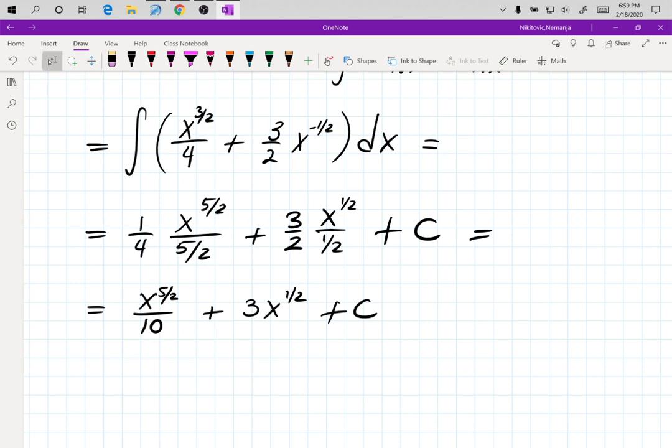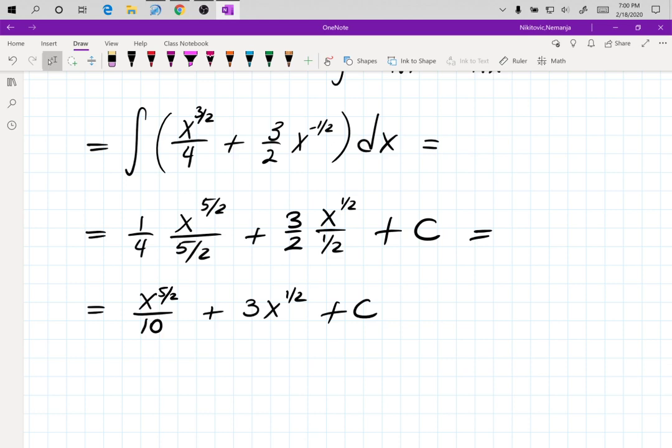You can make this prettier by factoring, if you so desire, because you can kick out x to the 1/2, right? And that would make this nicer as the answer. But you don't have to, right? That's if you want to be special, if you want to feel that you are better than others, right?